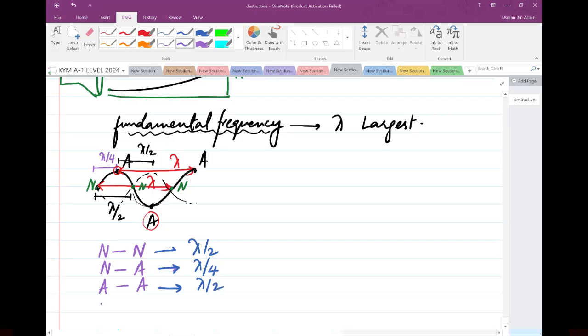But if you look at the distance from a node to a node and then another node, this distance is going to be equal to one complete wavelength. And then the distance from an antinode to another antinode and to another antinode will be equal to one complete wavelength. Are you with me so far?